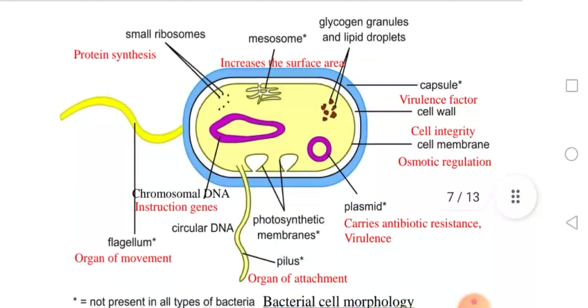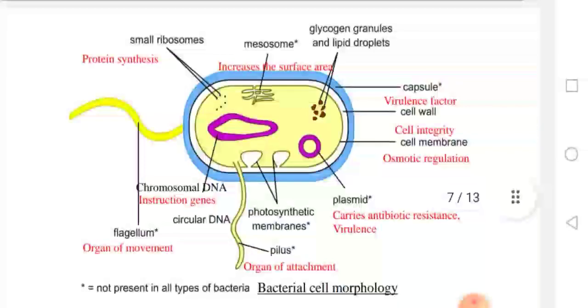This figure illustrates the different components of a bacterial cell with their function. But we have to notice that the asterisks are pointing to areas that are not common to all bacteria, found in some bacteria only.